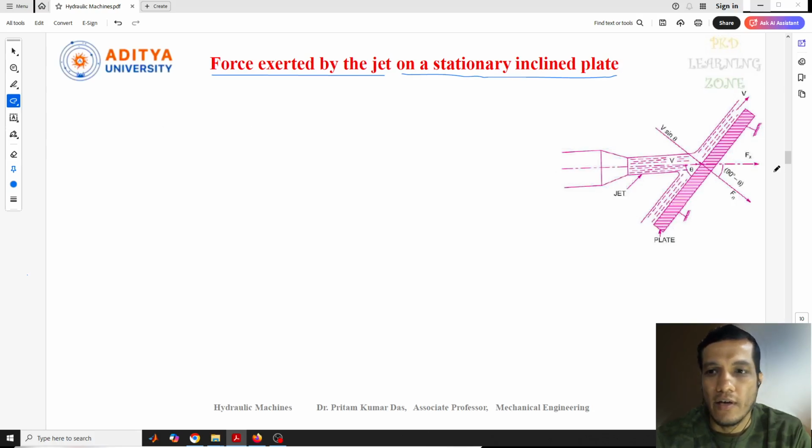Here I have taken a pipe. Through this pipe the water, or the liquid, is flowing, and near the end a nozzle is connected. This is the nozzle part, and the jet of water, the jet of liquid, comes out from the pipe through the nozzle.